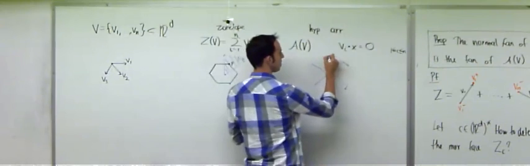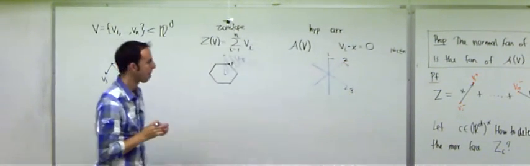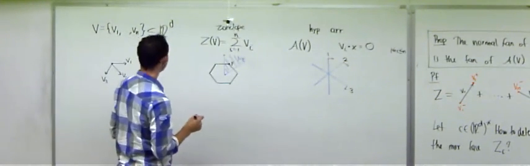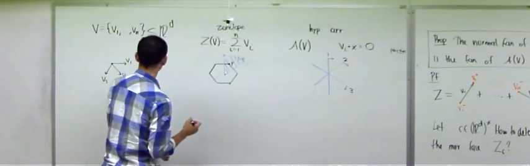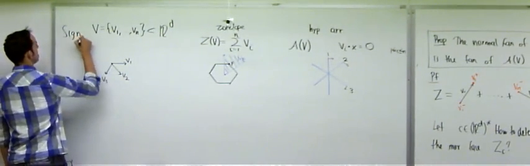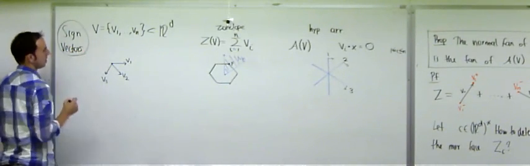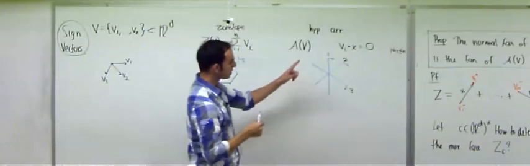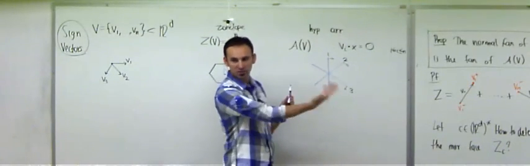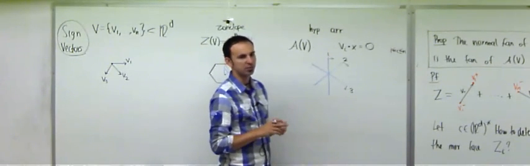So this is 1, this is 2, and this is 3. Okay? And then I'm going to introduce something called sign vectors. What I want to do is I'm going to say the following. I'm going to say each hyperplane has a positive side and a negative side. And that's determined by which way the arrow is pointing, okay?